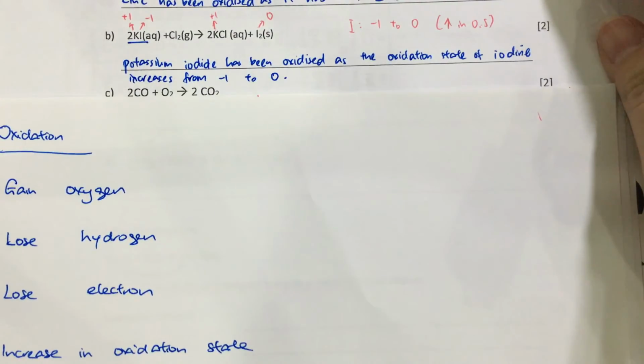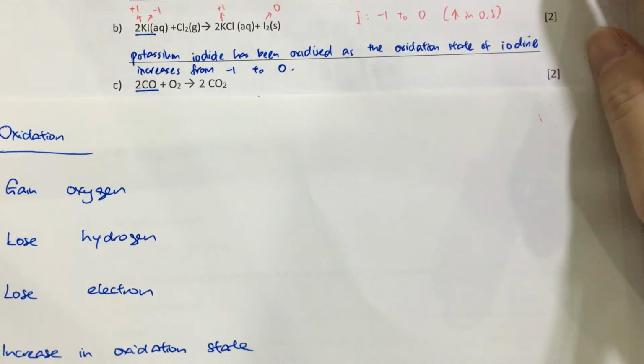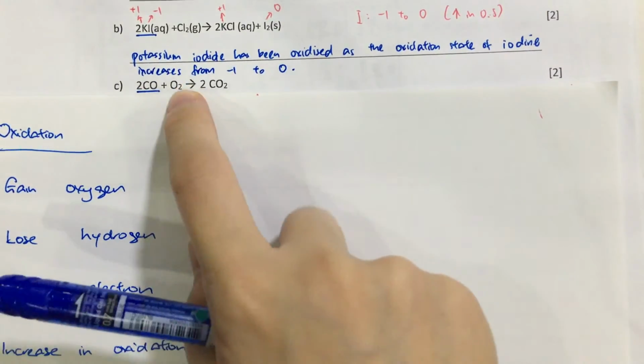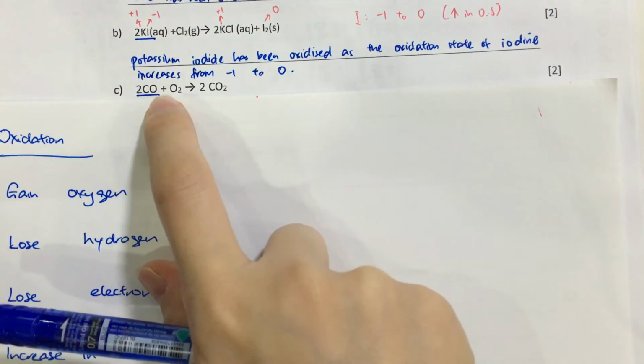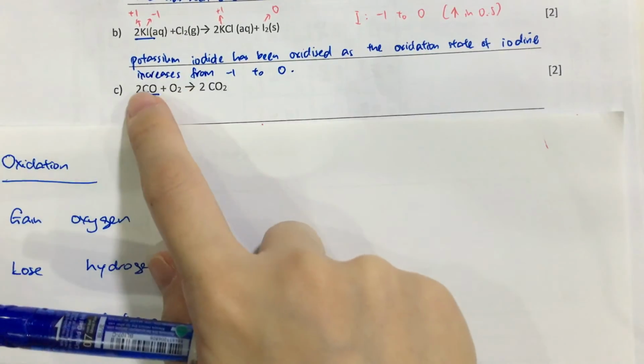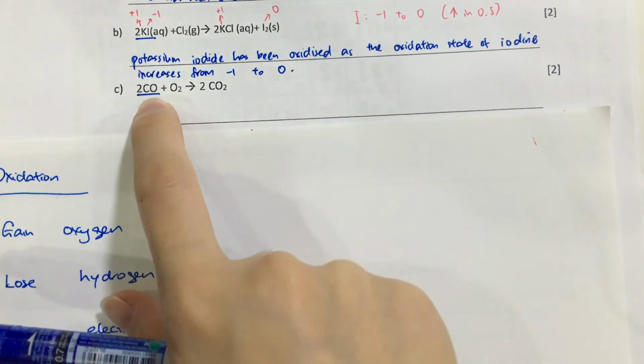Okay, next one, part C. Here you can tell there is oxygen involved, and CO obviously gains oxygen. So this is rather easy.